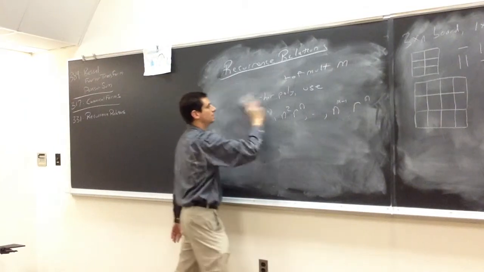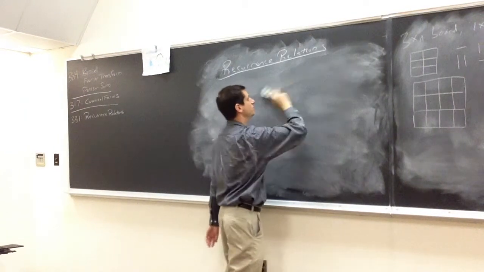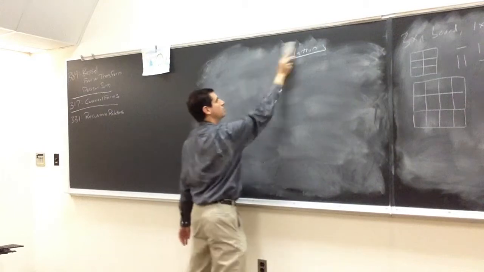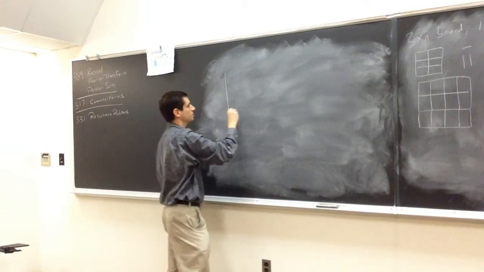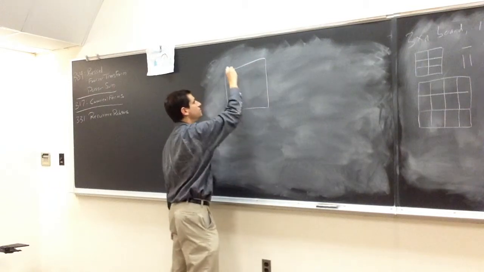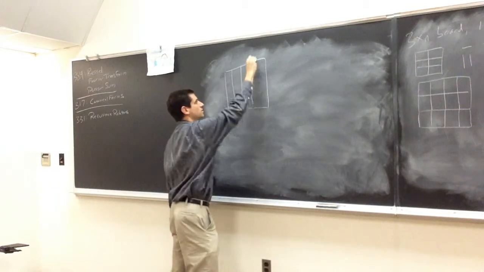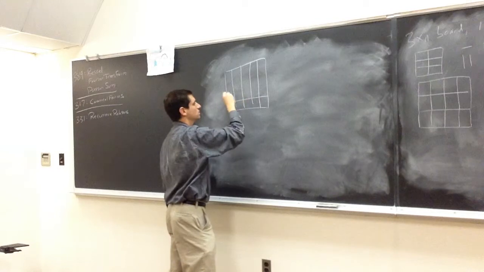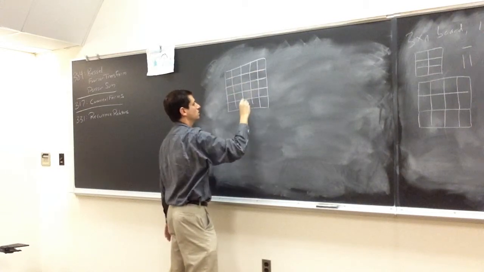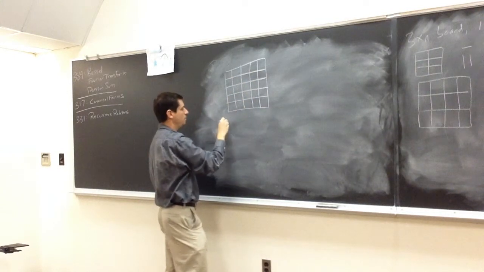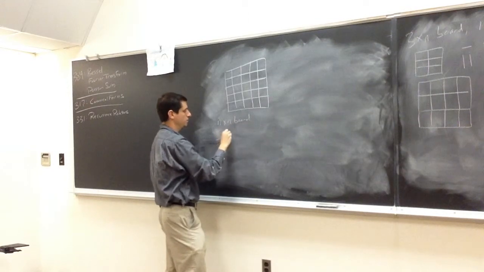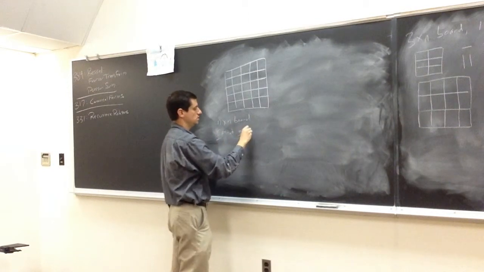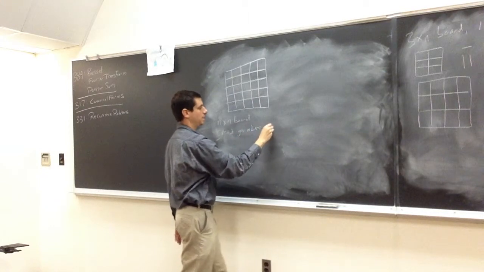So let's do another recurrence relation. This one might be a little bit harder than what we've been doing, but it's one of the most important ones. So this is a very standard problem. So you have an n by n board, and you cannot go above the main diagonal.